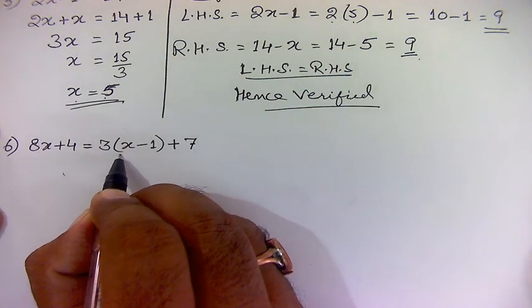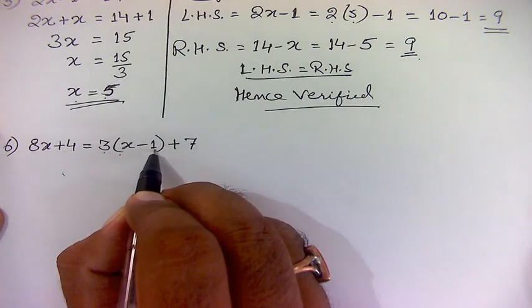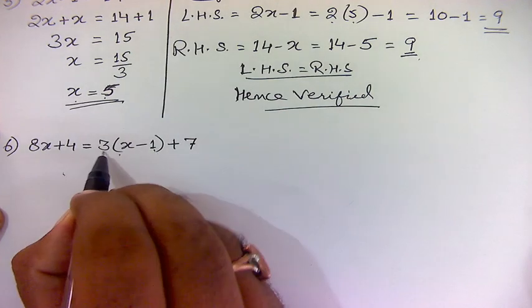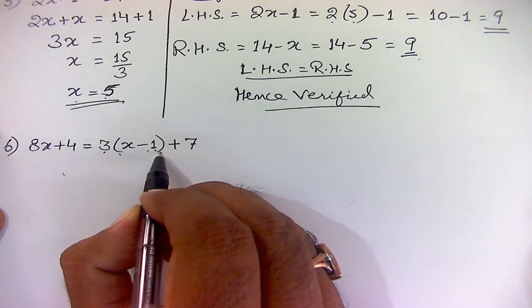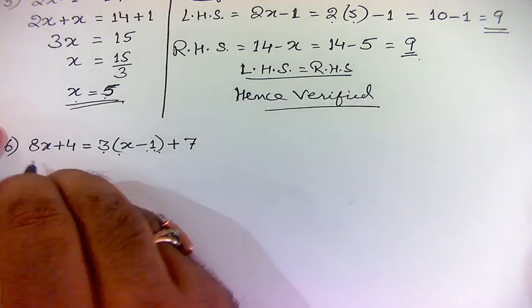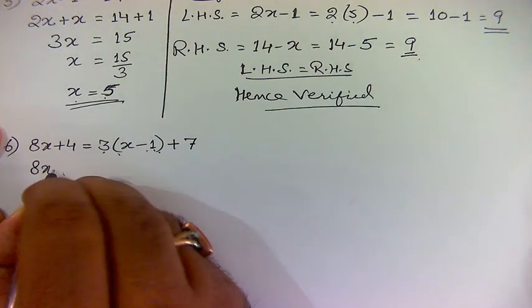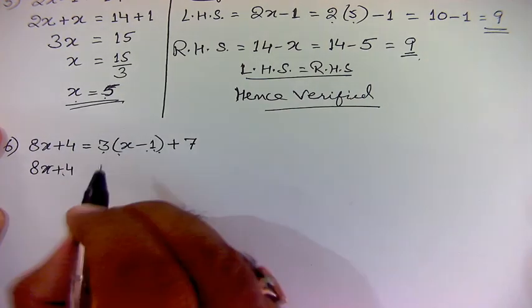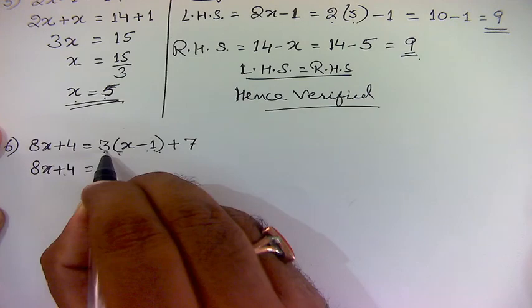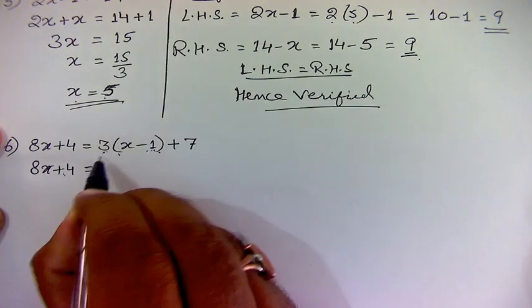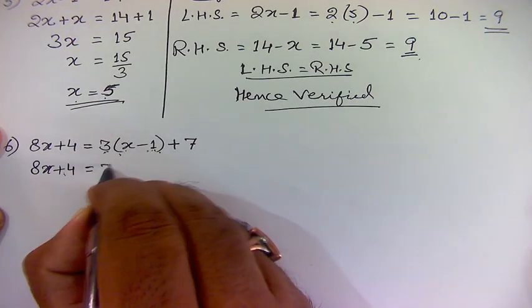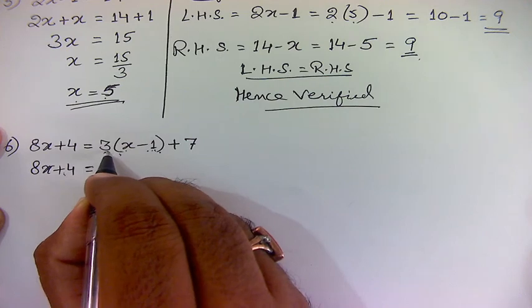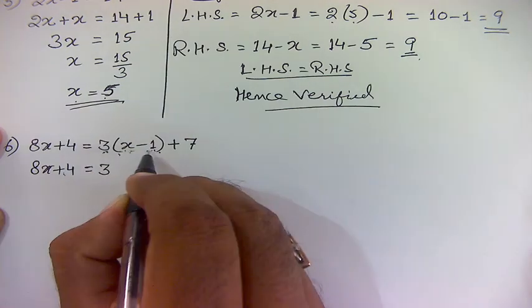So our first step will be to simplify this bracket, because it says 3 multiplied by (x minus 1). So we will first simplify the bracket. Let's keep the left hand side as it is, that is 8x plus 4 equals to, now 3 multiply (x minus 1). What we will do is we will multiply the value 3 with both the terms inside the bracket.